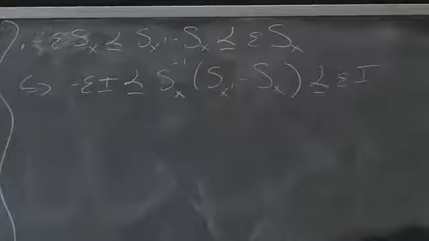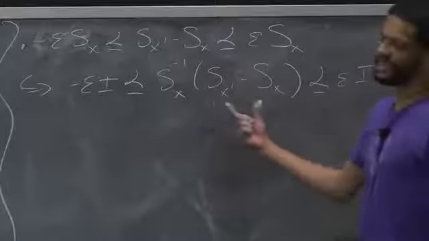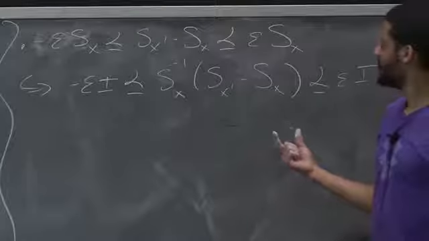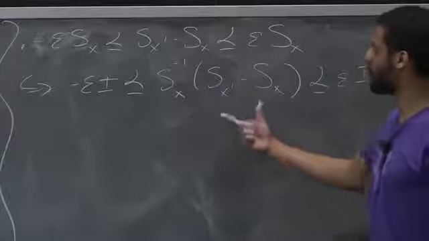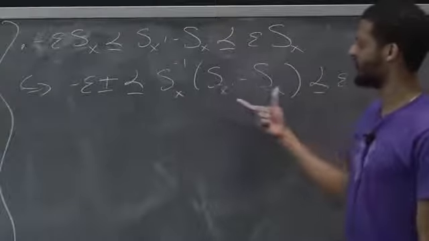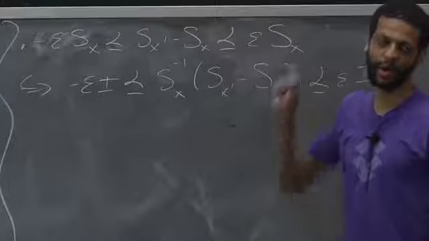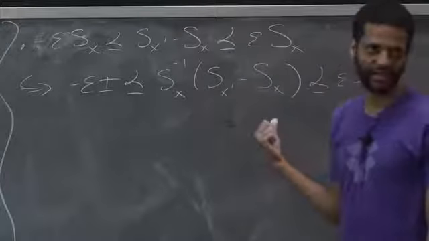Now all of these things here are diagonal matrices, right? So what do we want? We want all the eigenvalues in magnitude to be at most epsilon for this matrix. It's a diagonal matrix, which means we want all the entries on the diagonal to be at most epsilon in magnitude.